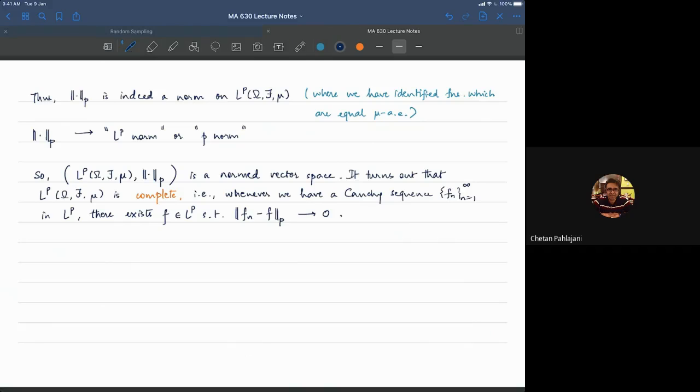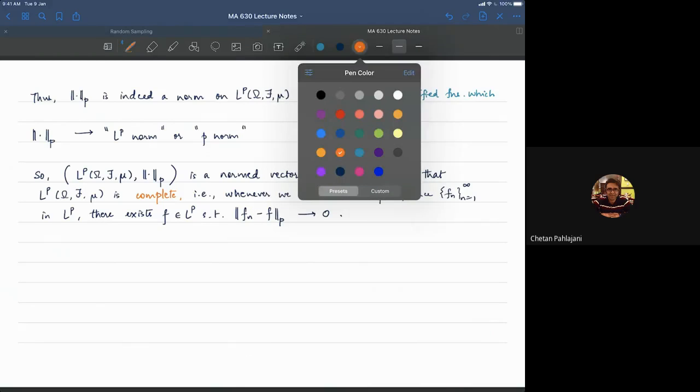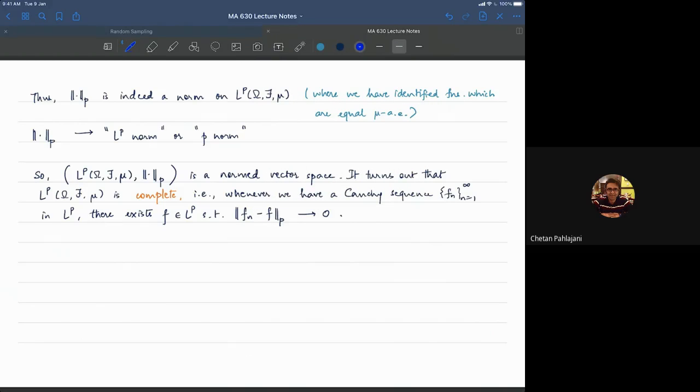By the way, let's just note the connection with probability before we go any further. So note that if (omega, F, P) is a probability space, well, of course, that's a special case of a measure space, right?